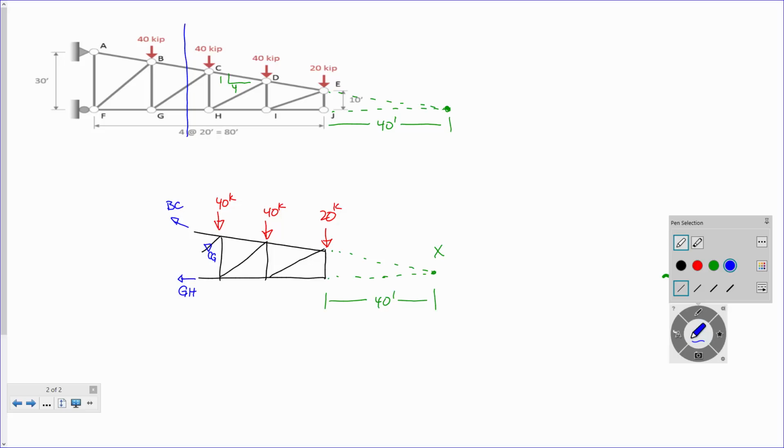All right, so would you agree that its X component's going to go like that and its Y component's going to go like that? Now watch what I'm going to do. I'm going to take those forces and I'm going to slide them on down there. So we got CGX, CGY. Everybody with me on that? Okay.